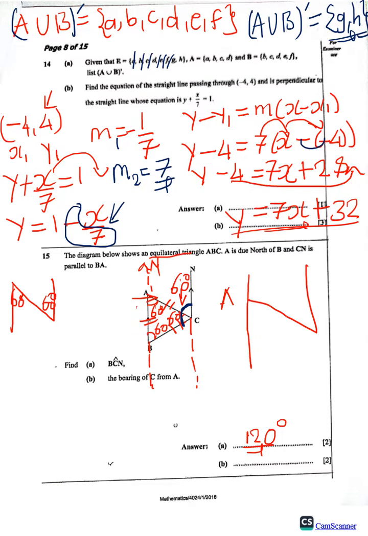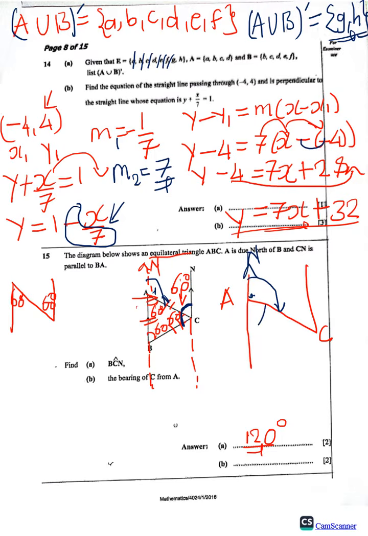So our A is here, then our C is here. So this bearing is coming from the north of A. So this is where it is coming from. Then moving in a clockwise direction, touching the C. So this is the angle that we are solving. So this angle here is what we are looking for.